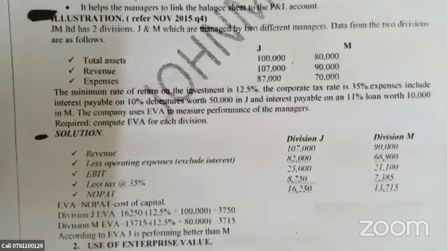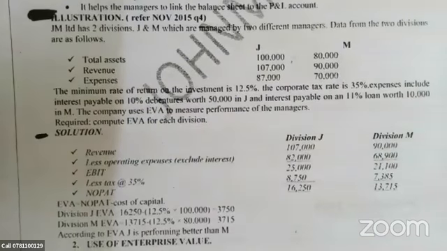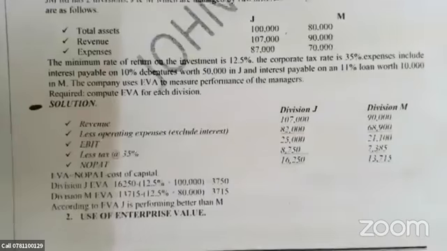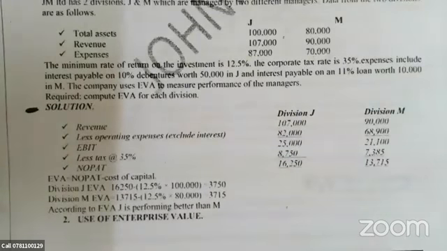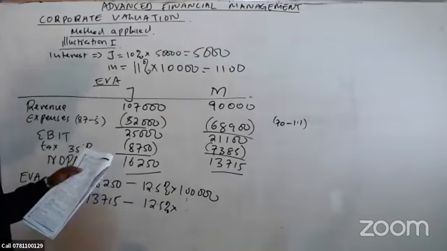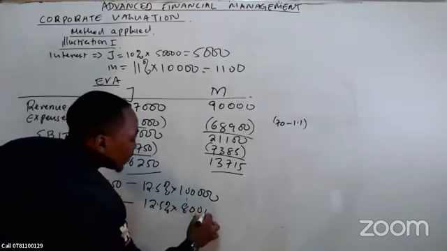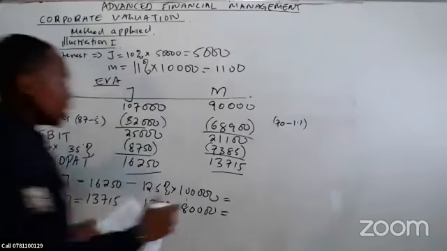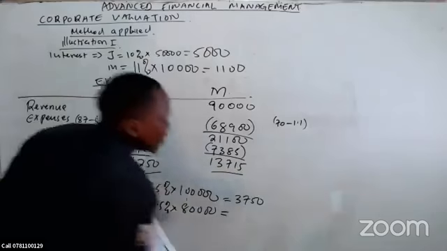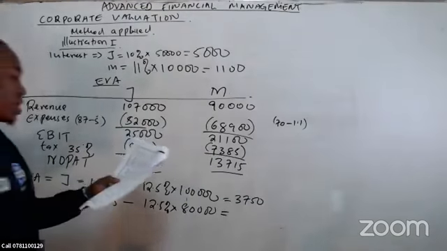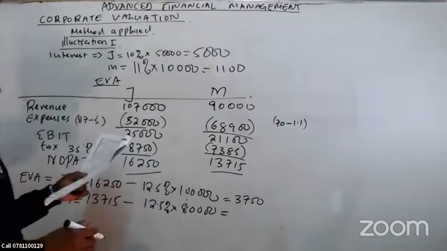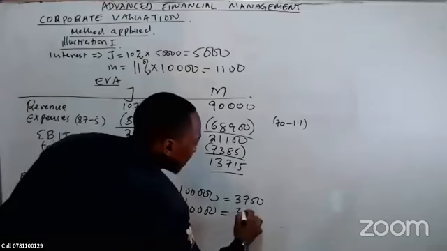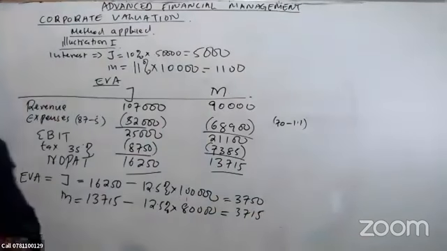So you take 12.5% and multiply with the capital employed. You're not given the capital, but you're given the total assets. So you take the total assets, 100,000, and for M, it was 80,000. So for the J division, the economic value added is 750, and for M, you'll get 715. And that's the economic value added.